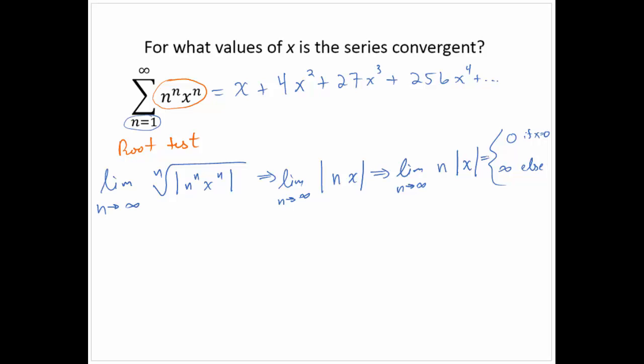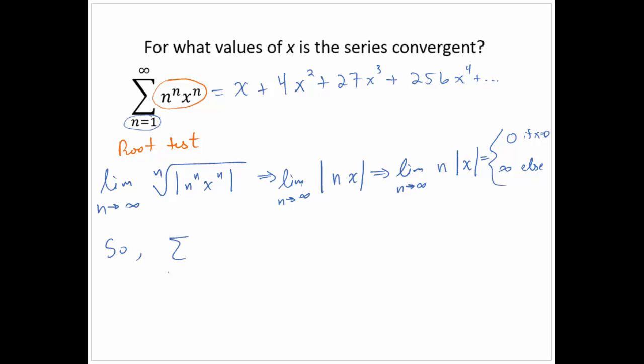So what that tells us is, remember, from the root test, if the limit ends up being infinity, then it diverges, and if it ends up being less than 1, it converges. So it only converges in that one case.